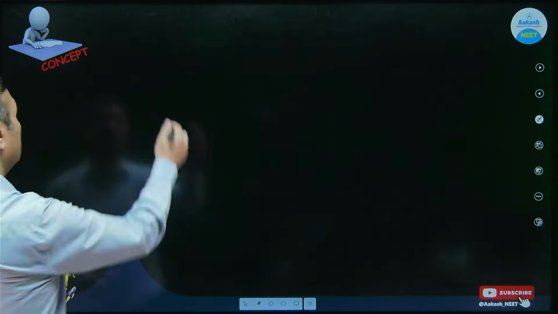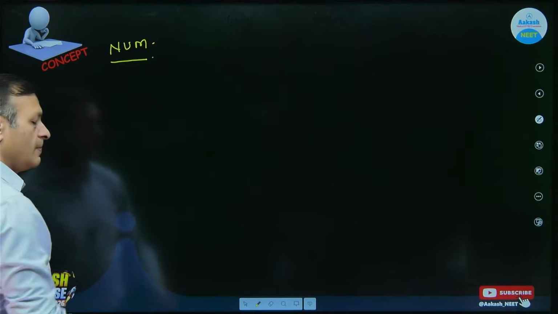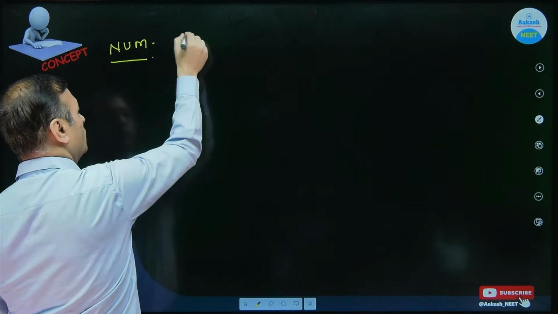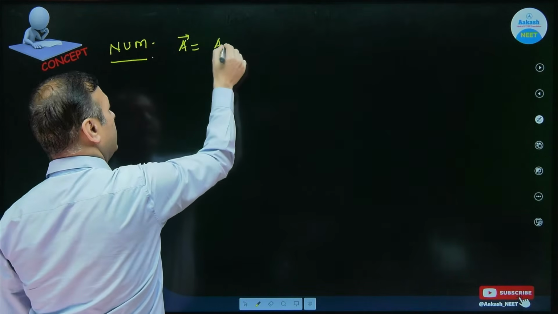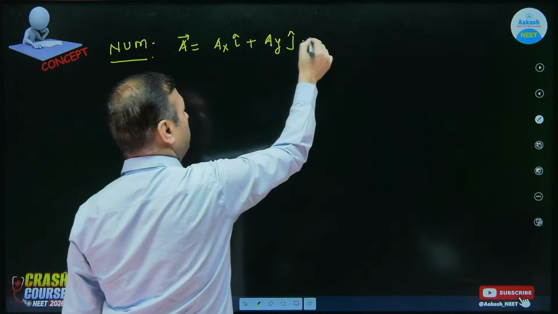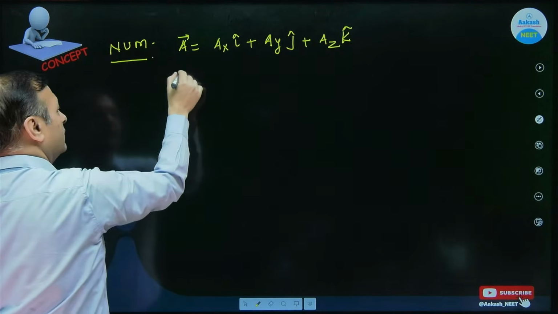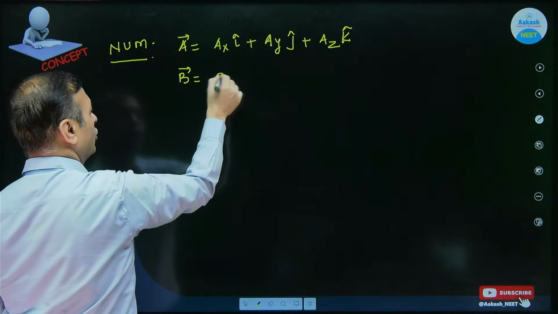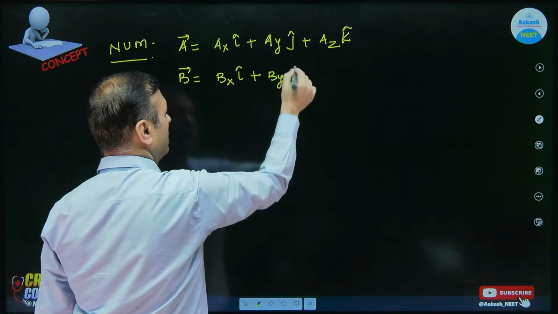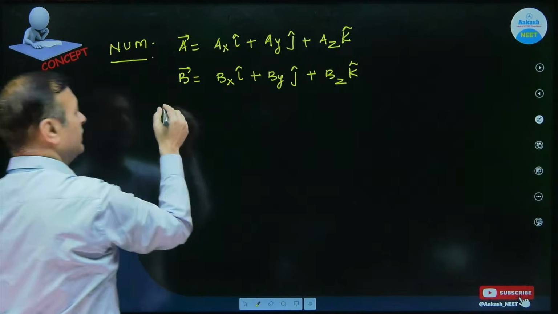Now let's attempt one or two numericals based on this. So first we will put a general vector A as ax I cap plus ay J cap plus az K cap, and vector B can also be written as bx I cap plus by J cap plus bz K cap.